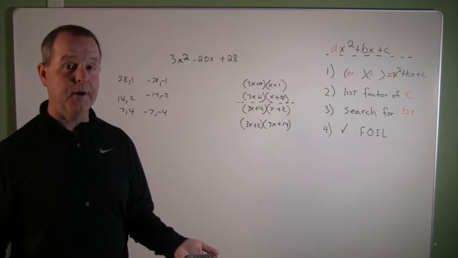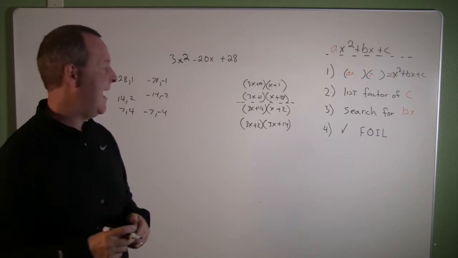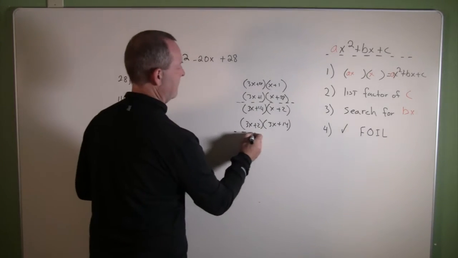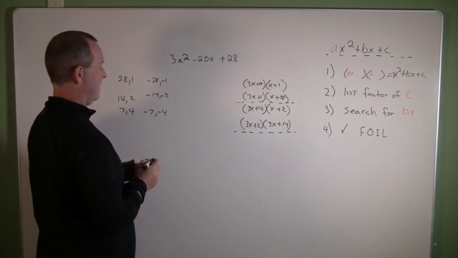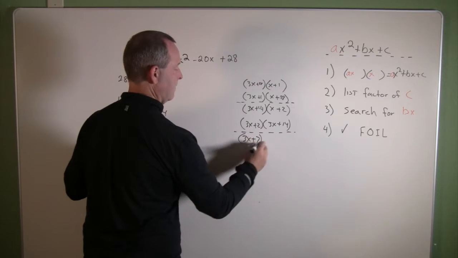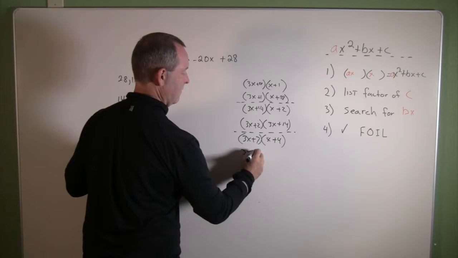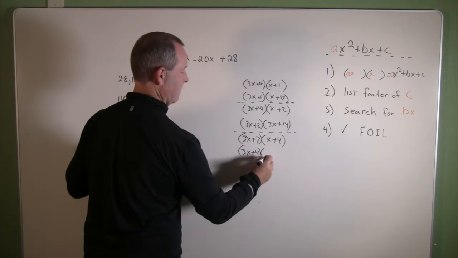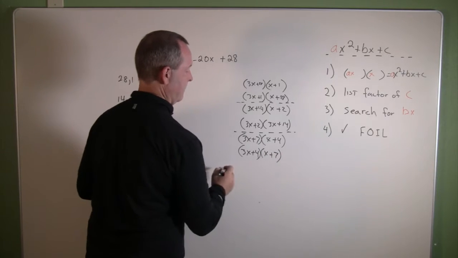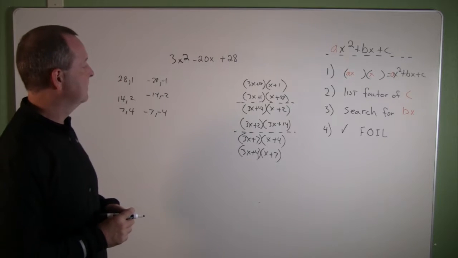Before, that did not matter, because both terms had x's in them. The next ones I need to check are the 7 and the 4. Okay, those are half of the possibilities that I need to check.